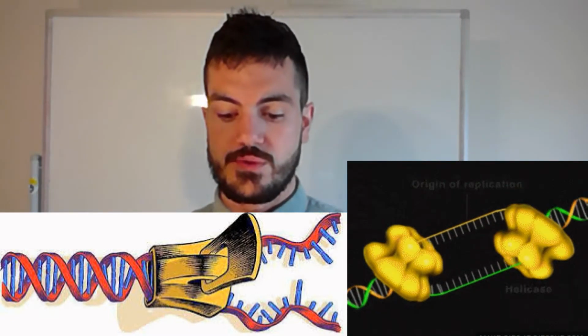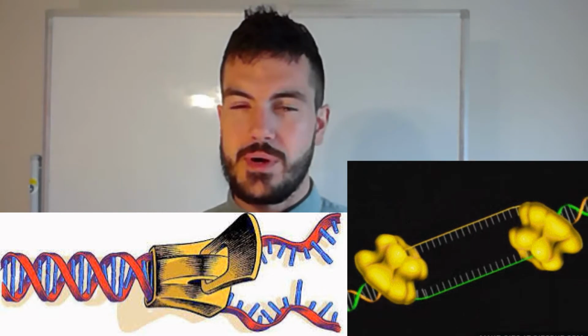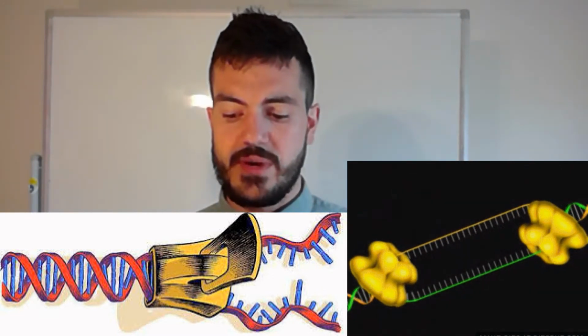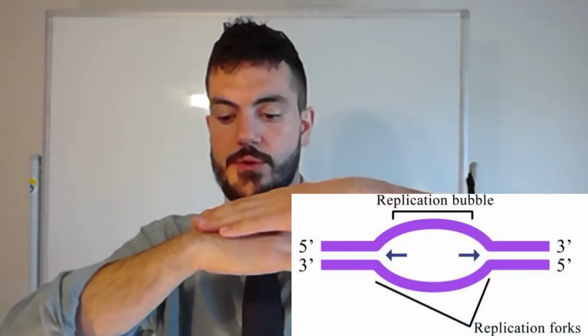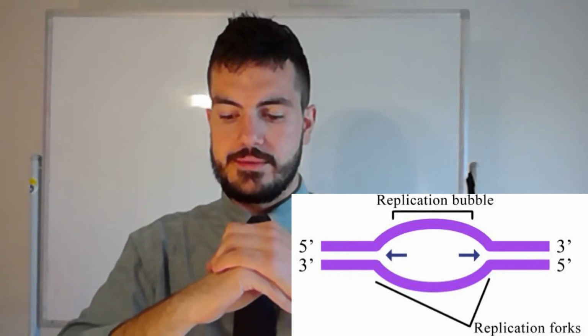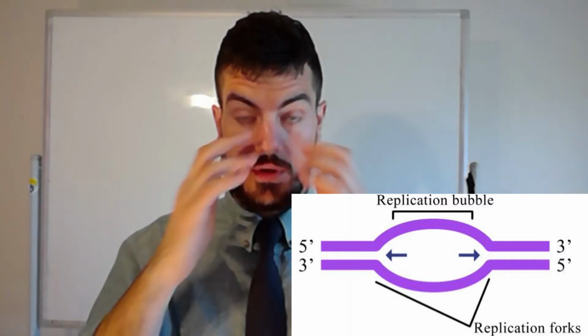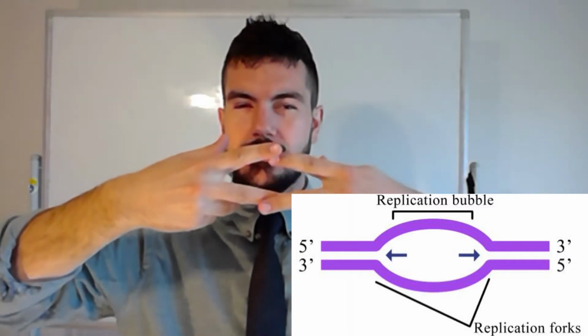Helicase is going to break the hydrogen bonds that hold the base pairs together, and this is when the two parental strands of DNA will begin to unwind and form the two replication forks, right?